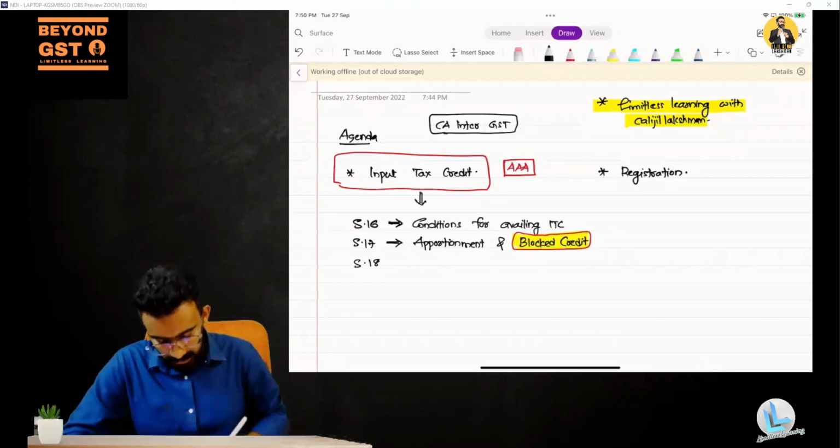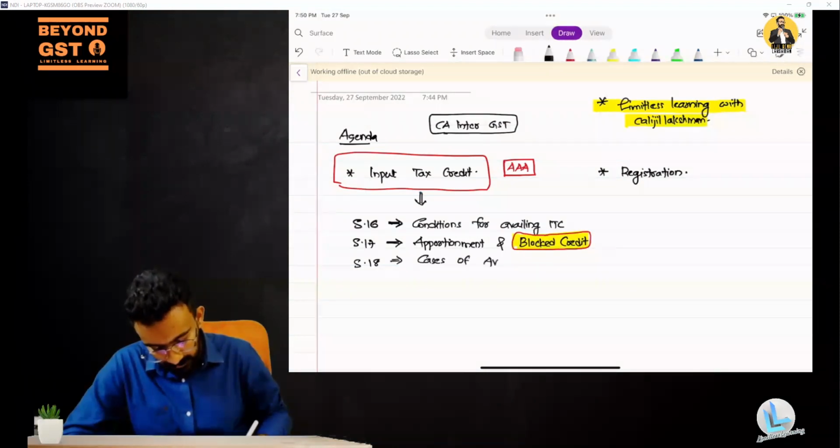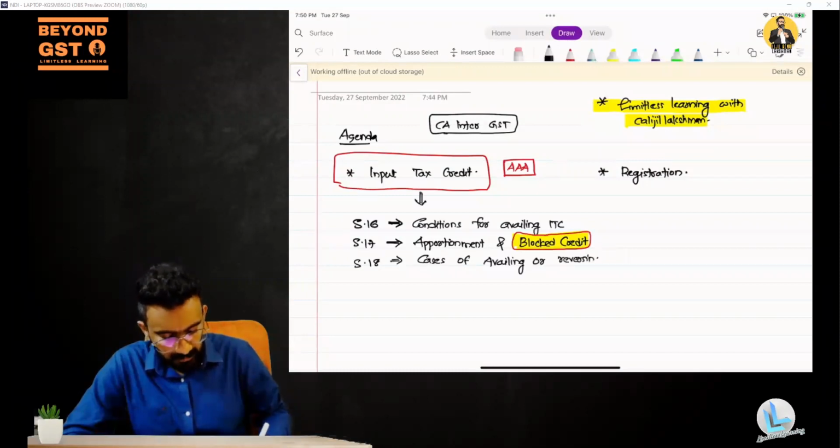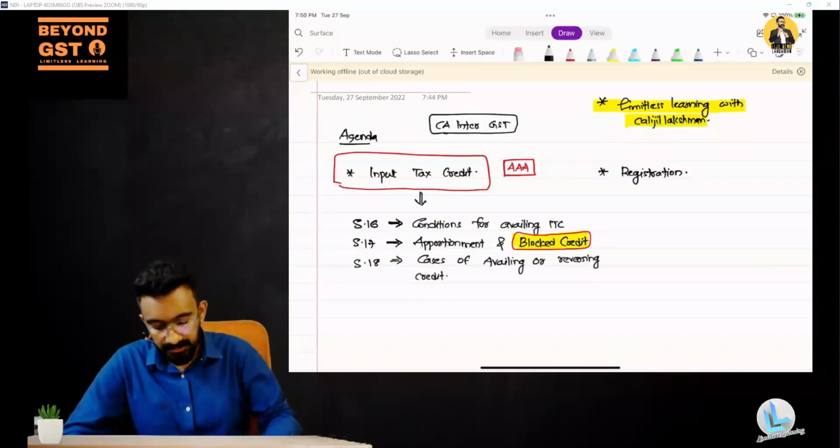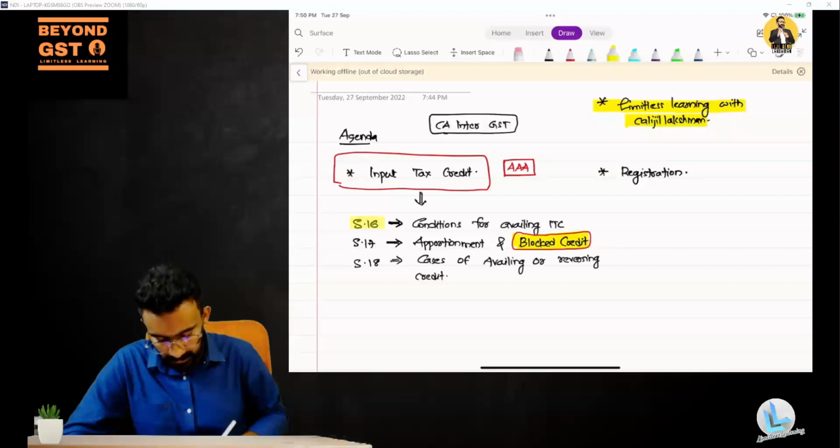Then section 18 talks about cases of availing or reversing the credit. So these are the three sections that are very important for you to cover in this chapter.